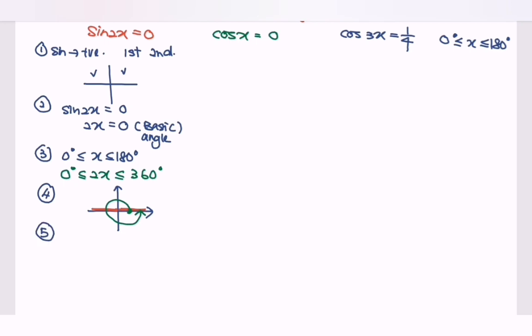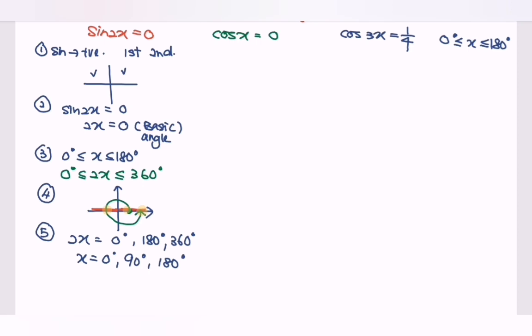Step number 5, the solution, where we have first intersection, second intersection, and the third intersection. So the value of 2x will be 0, 180, and 360 degree. So finally, x will be equals to 0, followed by 90, and then 180.